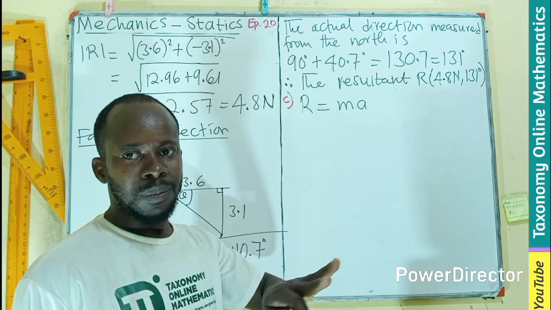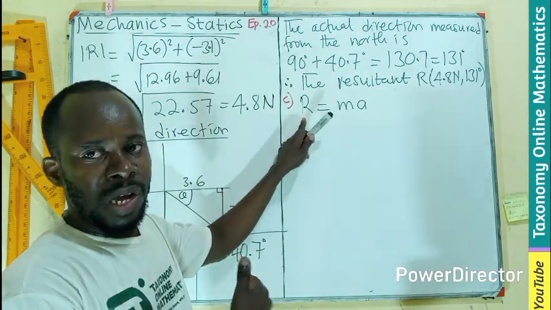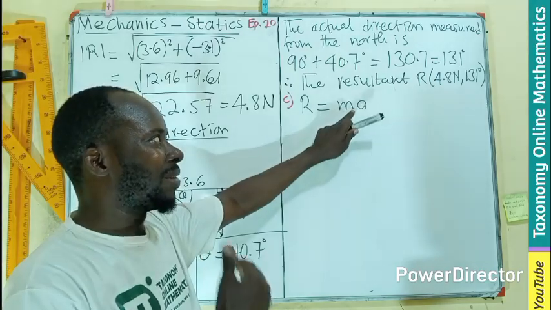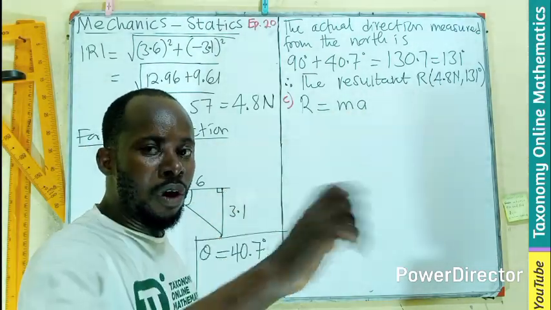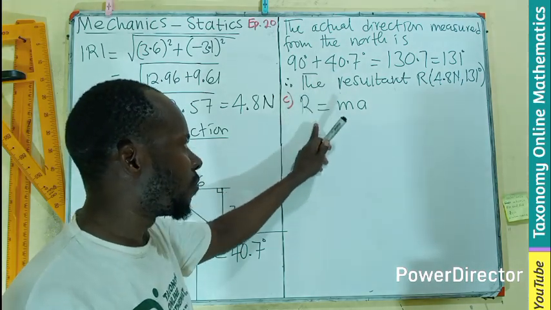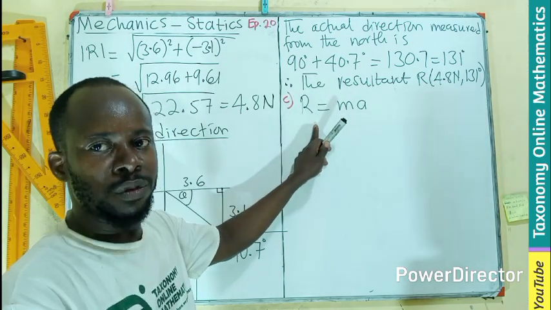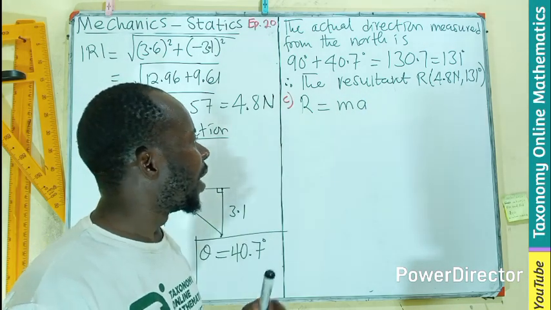The acceleration. So this is the resultant, which is like a force. A force equals the mass times what? Acceleration. But we are looking for the magnitude of the acceleration, right? It means if I find the magnitude of the resultant force, that should be the same as what? This. I don't know if I'm explaining the concept.